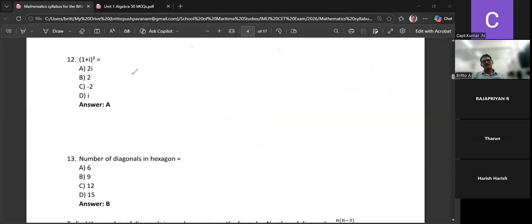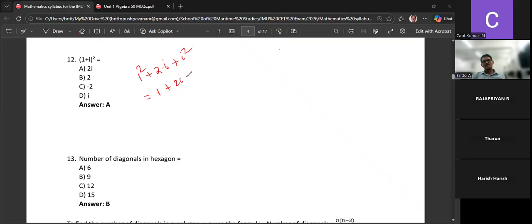You can expand this by using (a + b) the whole square. So we expand it: 1 square plus 2 into i plus i square. a square plus 2ab plus b square. So 1 squared, 1 plus 2i.